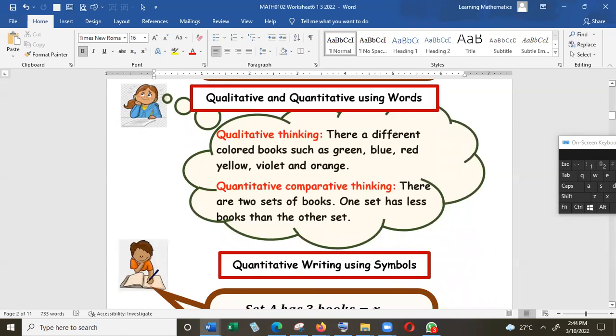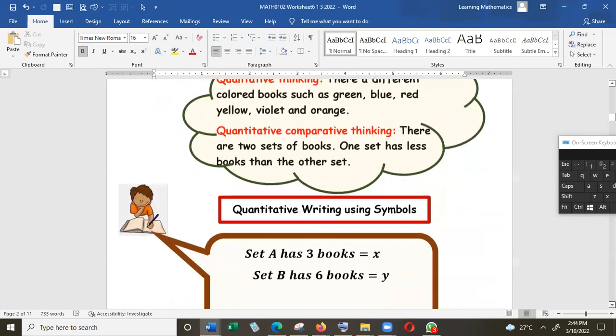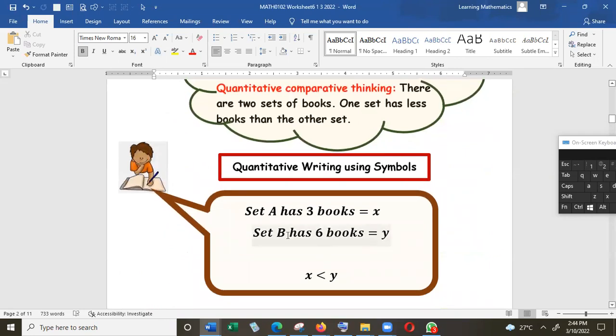Now, you want to communicate it in a written form, and then you might translate: set A has 3 books, you might call that X. Set B has 6 books, you can call that Y, and you can say X is less than Y. So set A has fewer books than set B, but symbolically, you might just write X less than Y. In mathematics, you will see that a lot, X less than Y, Y more than something, and so forth.